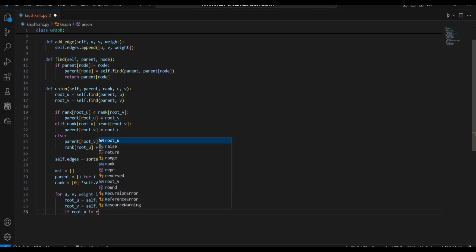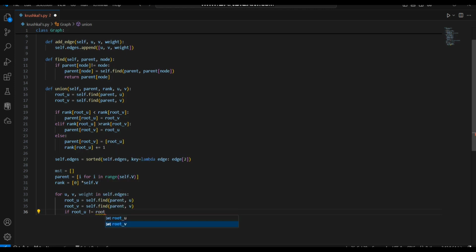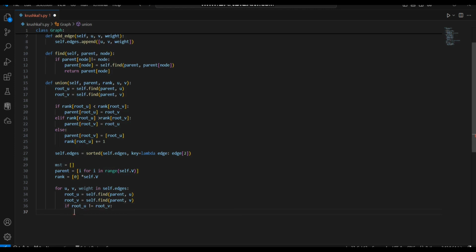Next one is processing the edges. We need to process the edge for u, v, weight in self.edges.